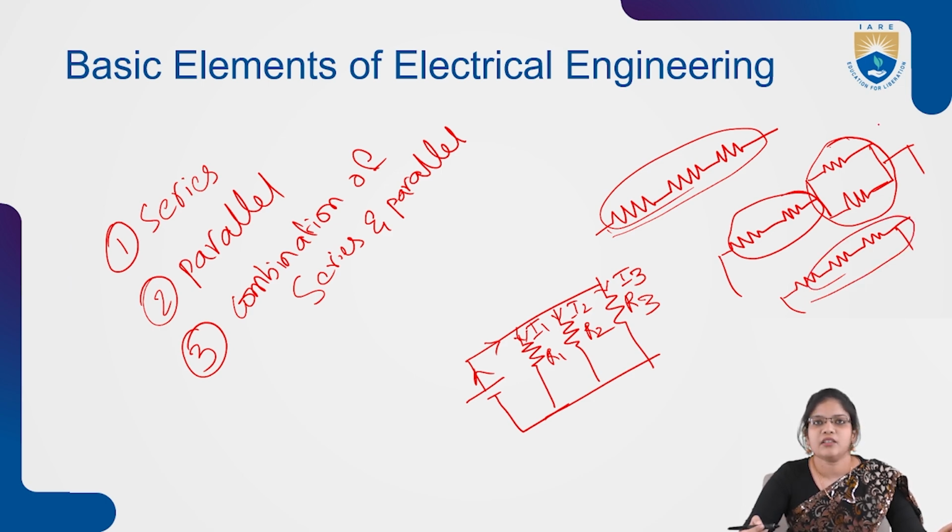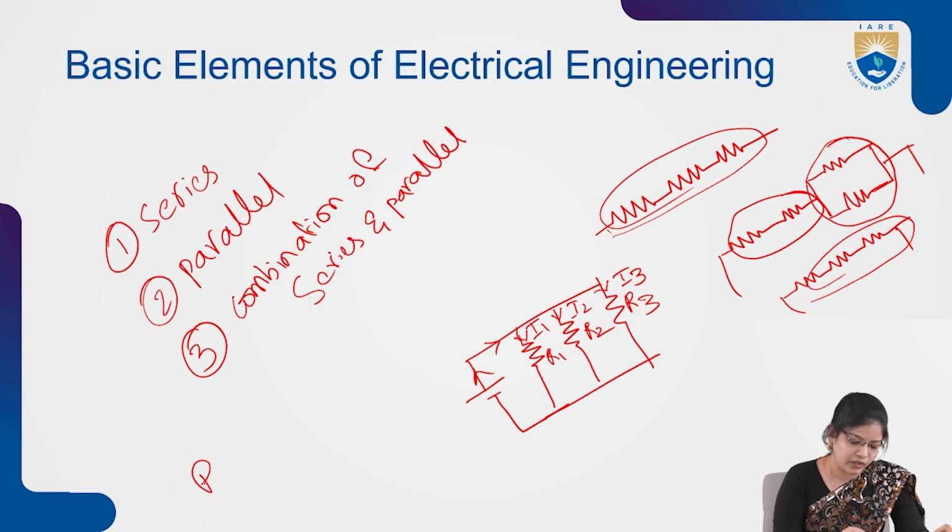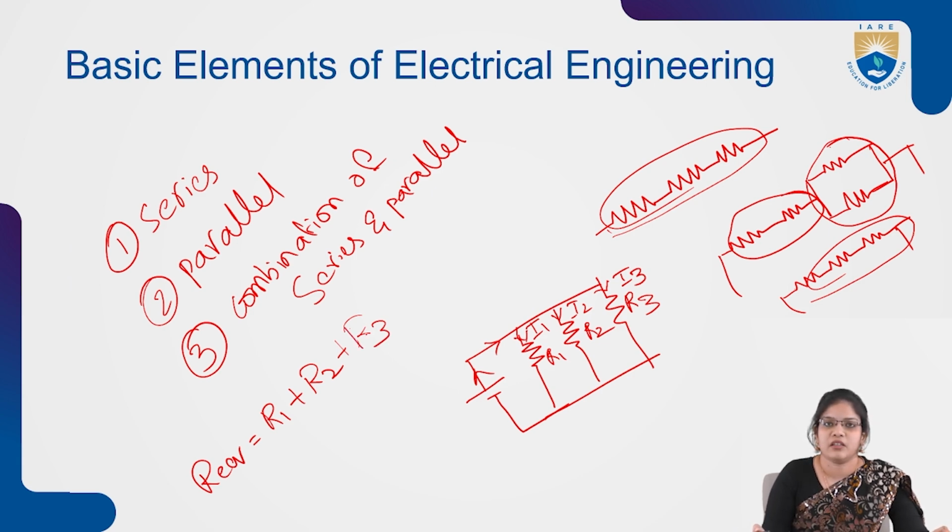To calculate the series resistance, the R equivalent will be R1 plus R2 plus R3, and if there are n resistances connected in the circuit, up to Rn.